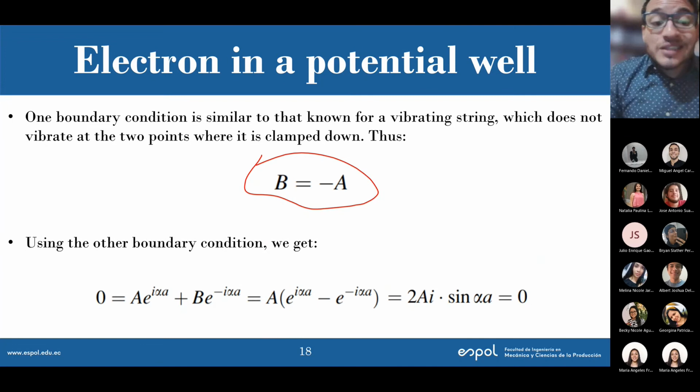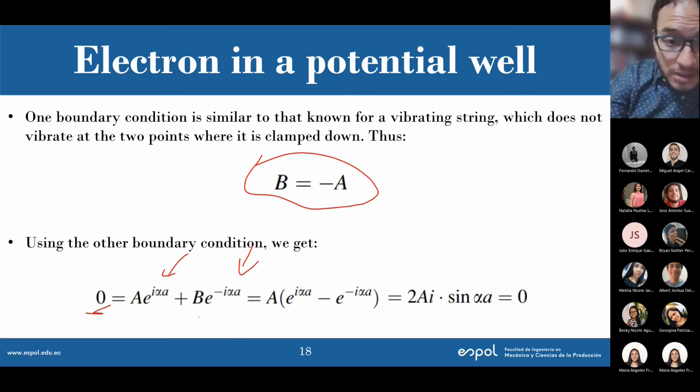When x is equal to a, I have the wave function equal to 0. Remember that b is equal to negative a, right? So this basically becomes a times e to the i alpha a minus a times e to the negative i alpha a.